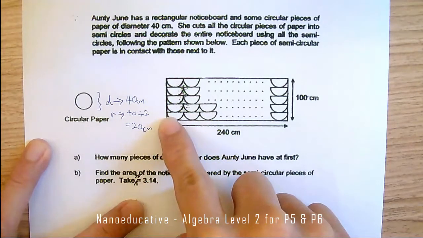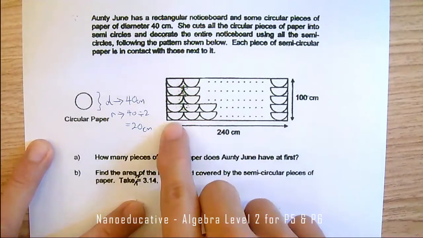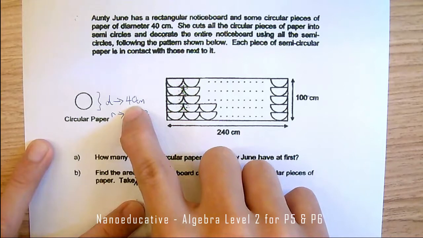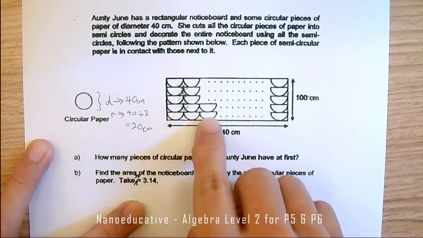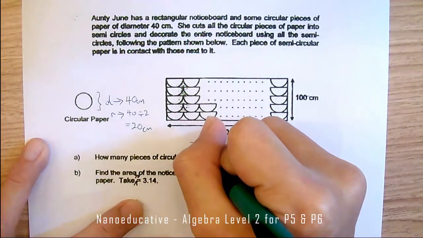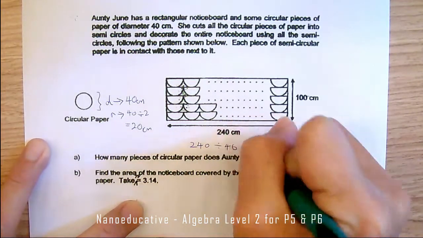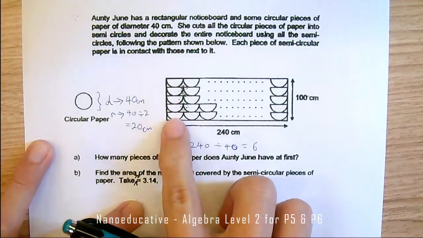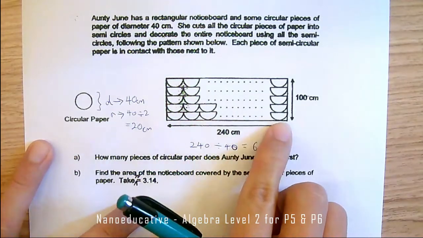How about the length? For the length, each piece of paper we have to consider the diameter. Diameter is 40 cm. How many 40 cm add up together will give me 240 cm? So you just take 240 divided by 40, that will be 6. So Auntie June requires 6 semicircular paper.